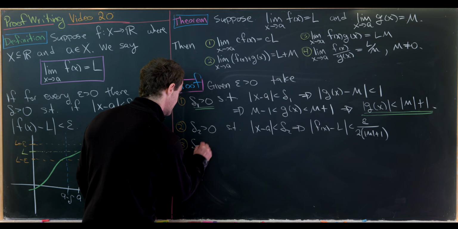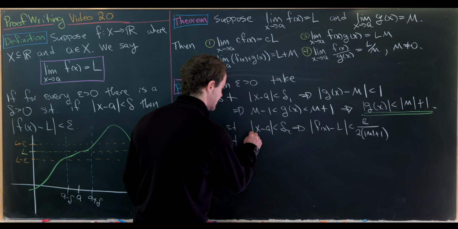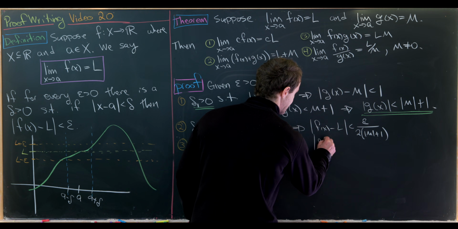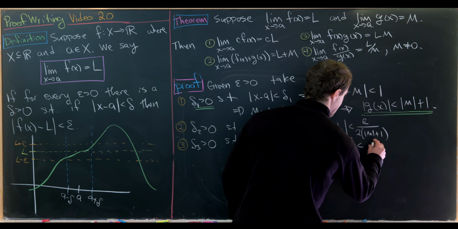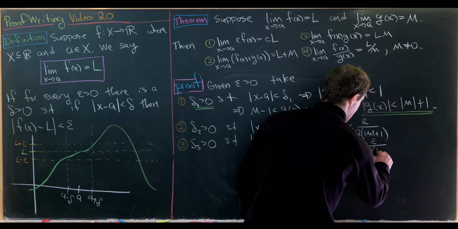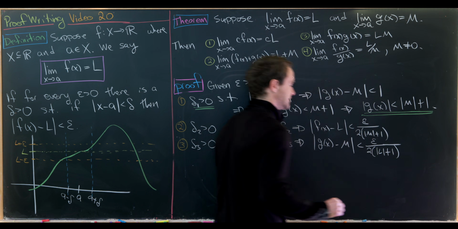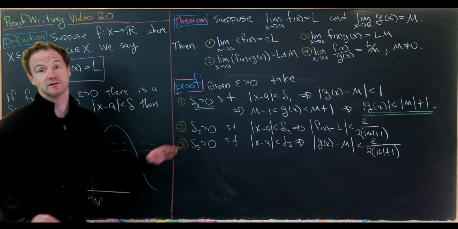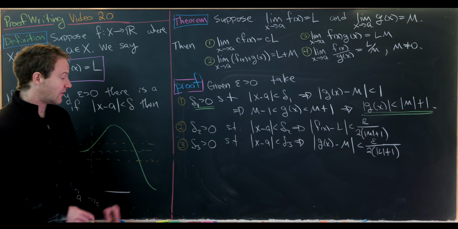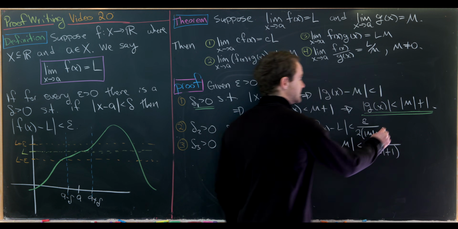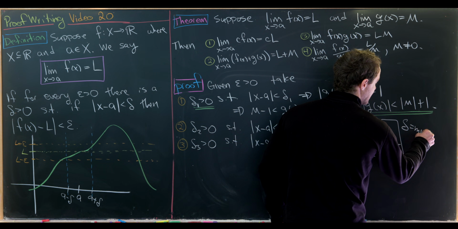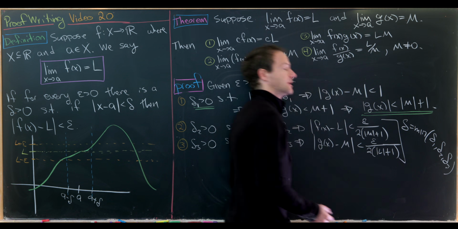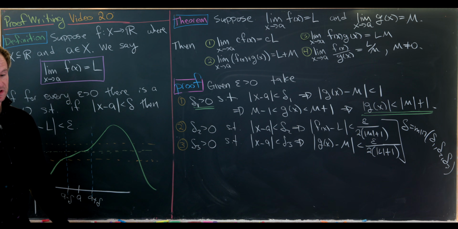So delta 3 will be chosen such that |x minus a| less than delta 3 implies the absolute value of g of x minus m is less than epsilon over 2 times the absolute value of l plus 1 in this case. And notice by our construction, those denominators are never 0, so that's okay. Now, finally, let's set our delta to be equal to the minimum of delta 1, delta 2, and delta 3. And then we're ready to finish this thing off.